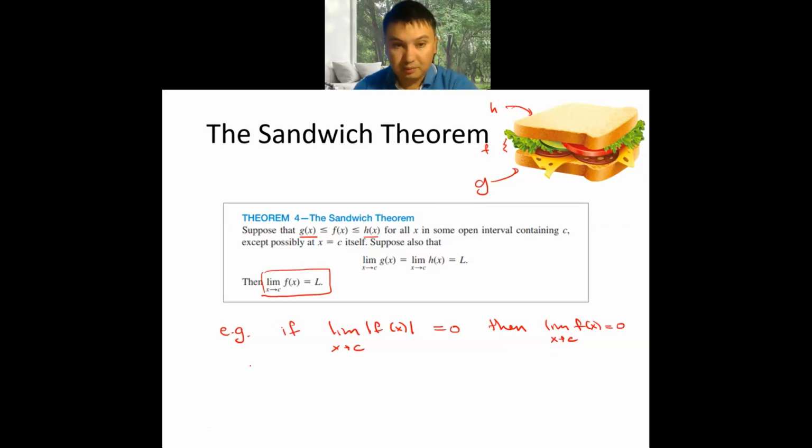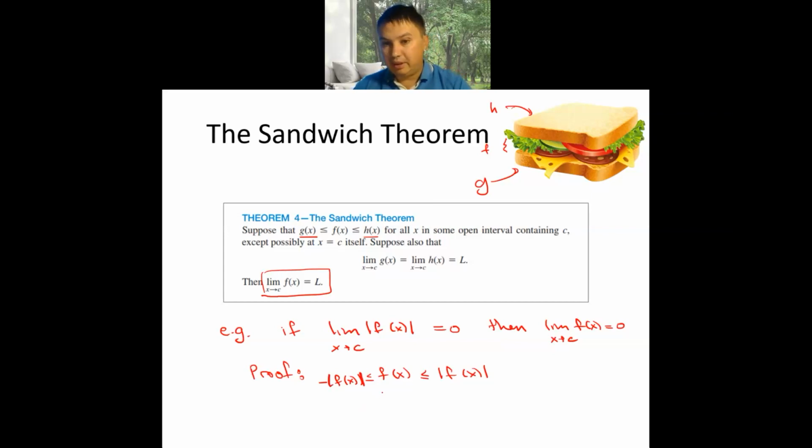Here is, if you like, a quick proof. What do we know? We know that f of x is always less than the modulus of f of x, and it's also bigger than negative the modulus of f of x.